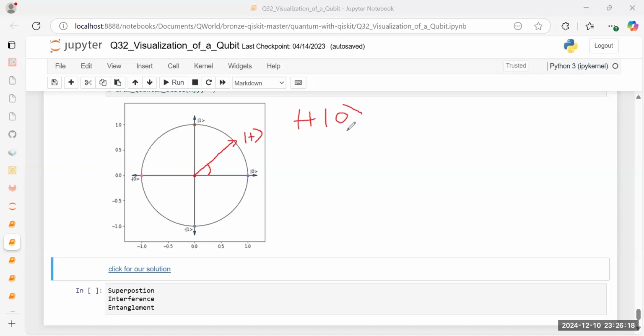So if we apply the Hadamard operator to the 0 state, we're going to get the plus state. For the plus state, theta is equal to pi over 4.